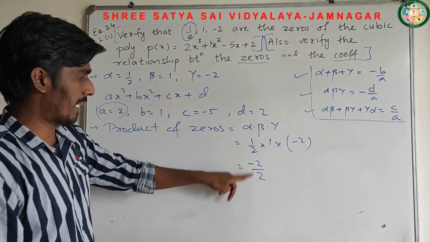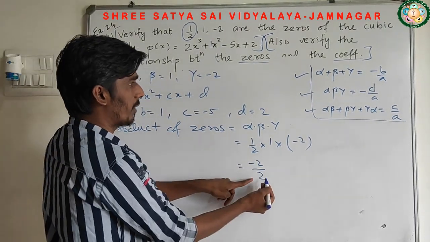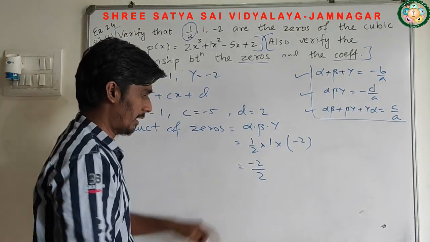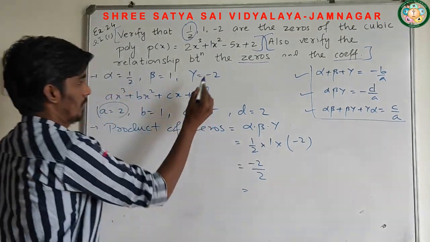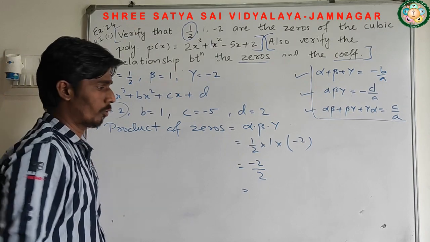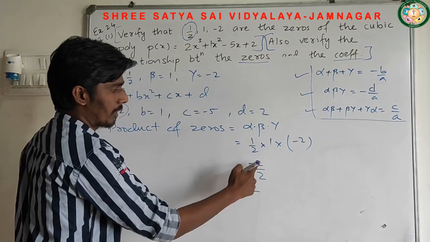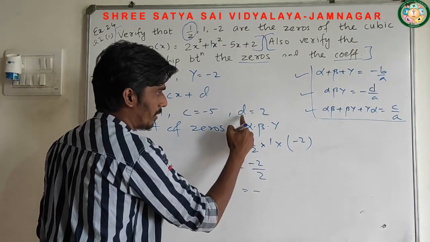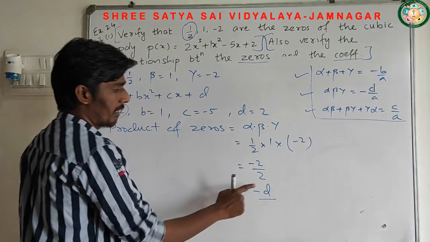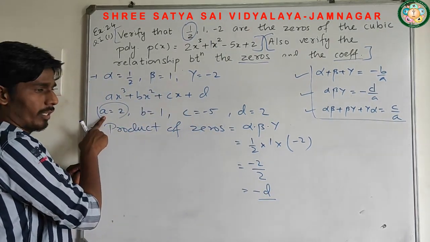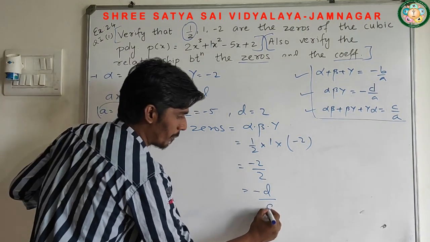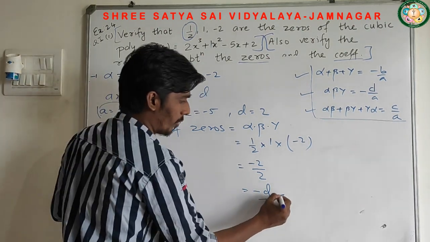No need to divide or cancel it, because we have to convert this number into the form of minus d by a. If you look at this number, where is d? d is what? 2. So the minus sign is as it is. Now instead of 2, I am going to replace it by d. Similarly, 2 is equal to a. So instead of 2, I am going to replace it by a. Now minus d is what actually?